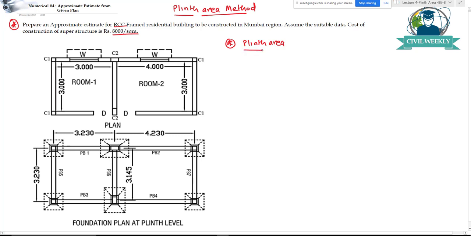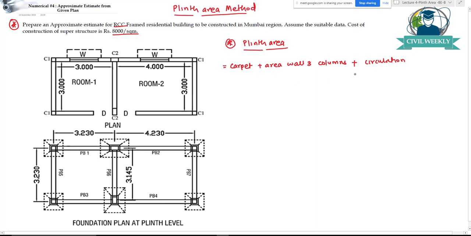So how will you find out the plinth area from this? The plinth area is equal to carpet area plus area occupied by walls and columns and circulation area, right? But here as such there is no circulation area, so we'll have to find out the carpet area and wall area.